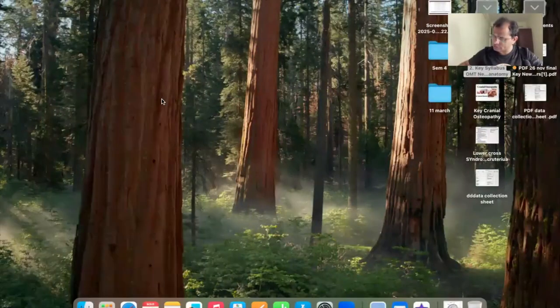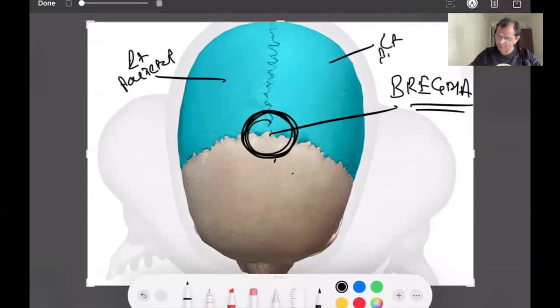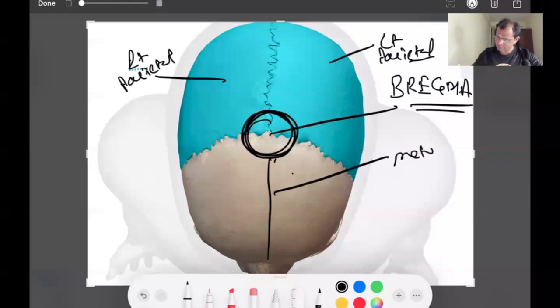The junction is bregma. Then on the back side, we are having the sagittal suture. The sagittal suture is the suture which is separating the right parietal bone from the left parietal bone. So we have seen three structures. One is the metopic suture.